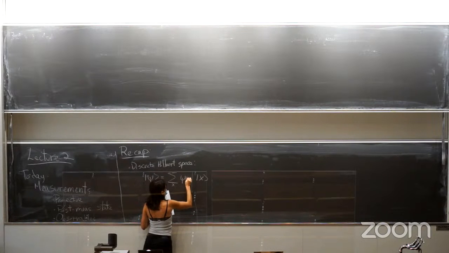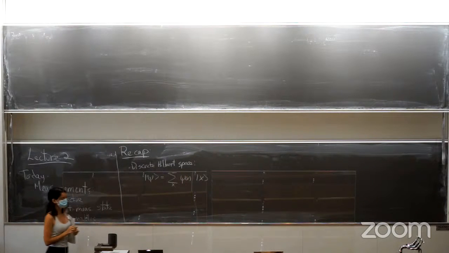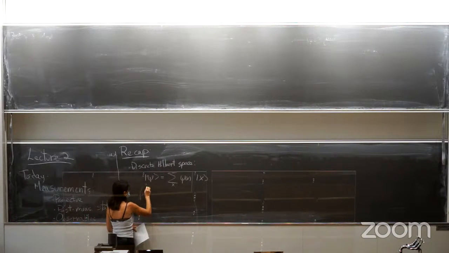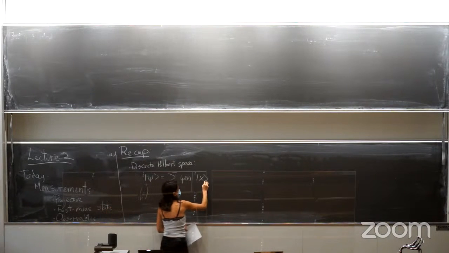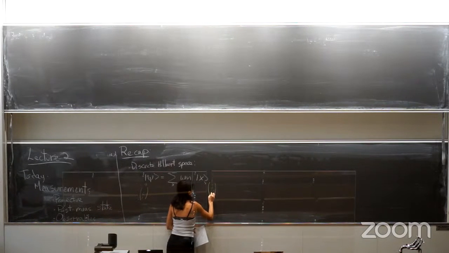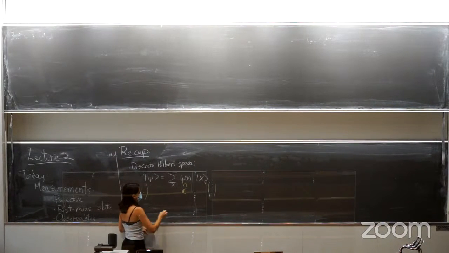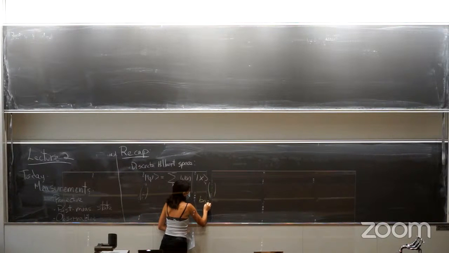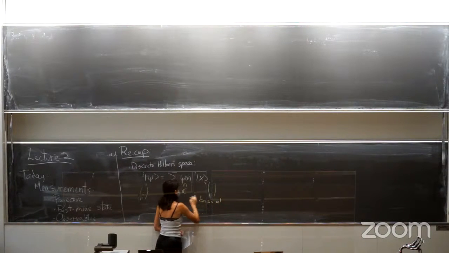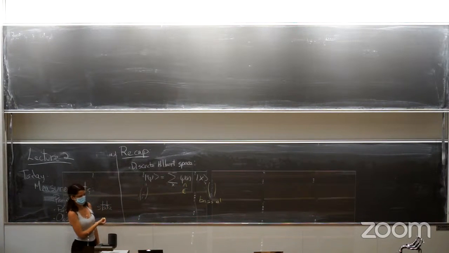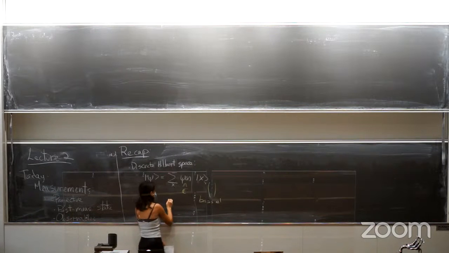I'm going to call them phi of x just because it's similar to what we'll see later. Now remember that these are columns, and these are just numbers, complex numbers, and these are the basis elements. For discrete cases, we normally just call them the coefficients, but we can call it the wave function.